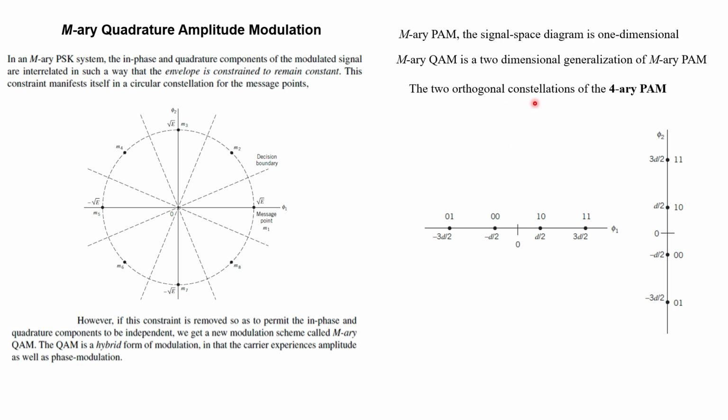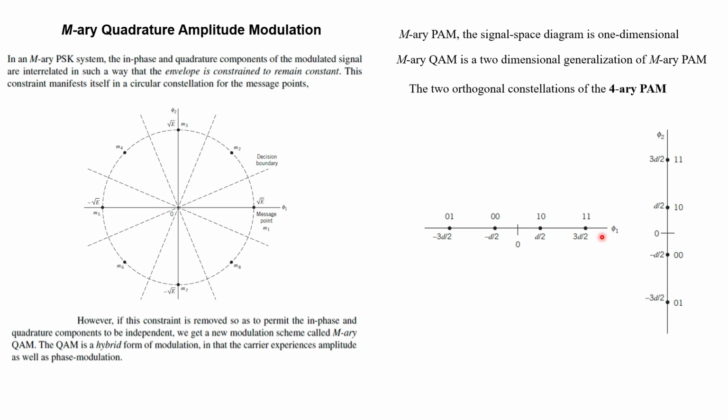The two orthogonal constellations of 4-ary PAM, here M is equal to 4, there are 4 states, message points. If we consider two orthonormal functions phi 1 and phi 2, we can see the horizontal constellation and vertical constellation here. So write the message points 11, 10, 00, 01, and the distance between these message points is D here.